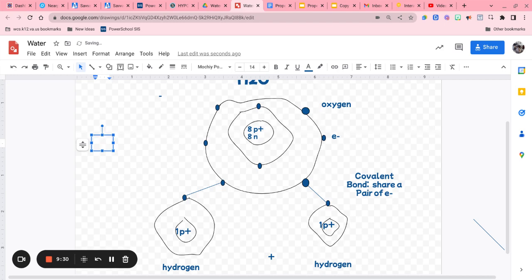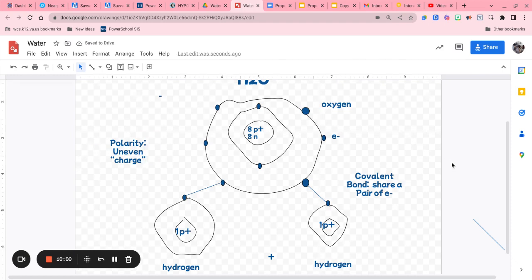And this is referred to as polarity, which means having an uneven charge. So the oxygen is negative, and the hydrogens are positive.